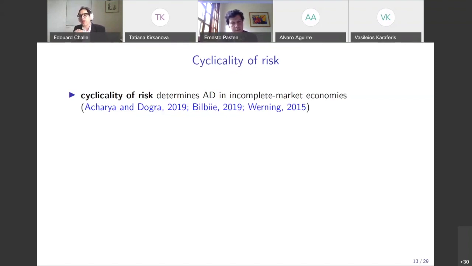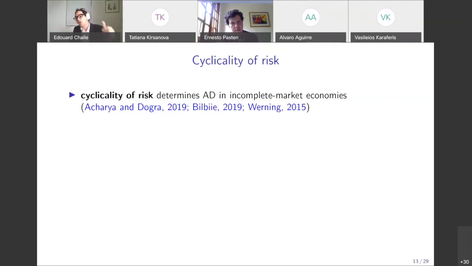If you expect idiosyncratic risk to be higher, say because unemployment risk is greater, then you're going to have the same effect, plus there will be the precautionary motive effect against this higher amount of idiosyncratic risk. So current demand will fall more than 1-for-1.